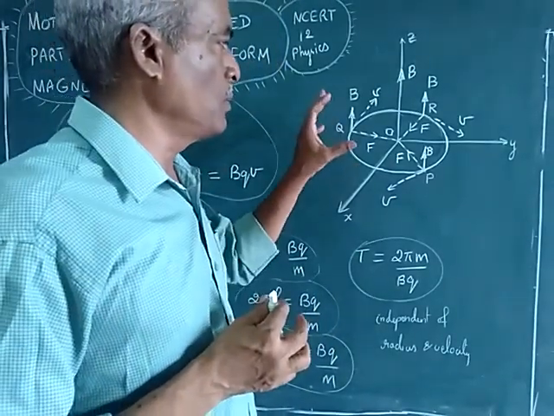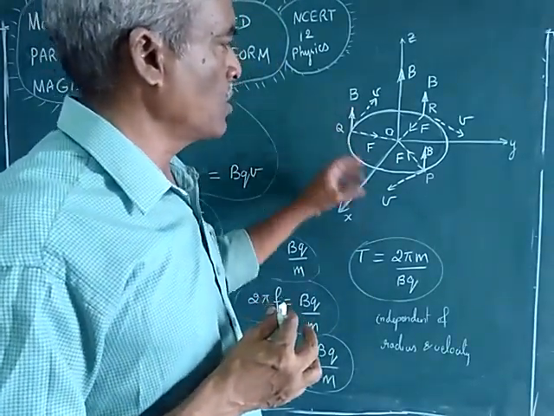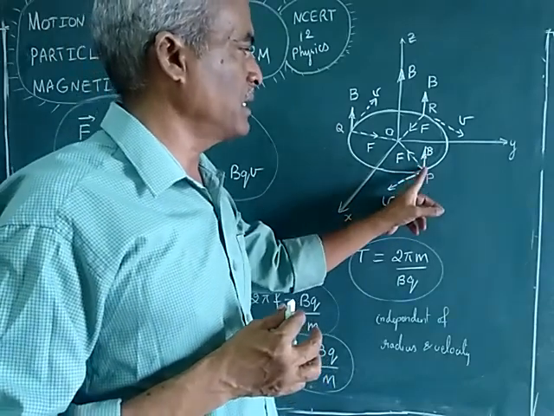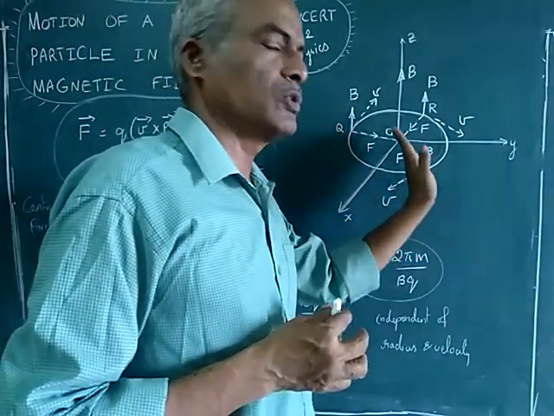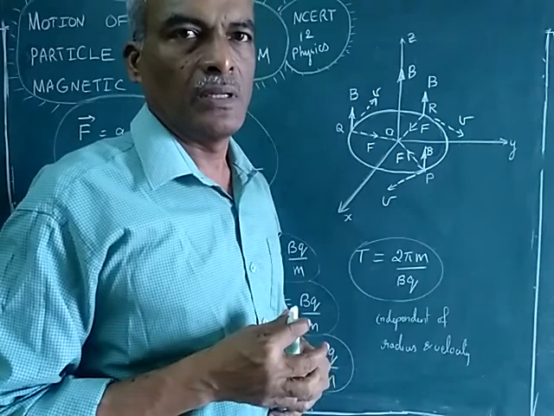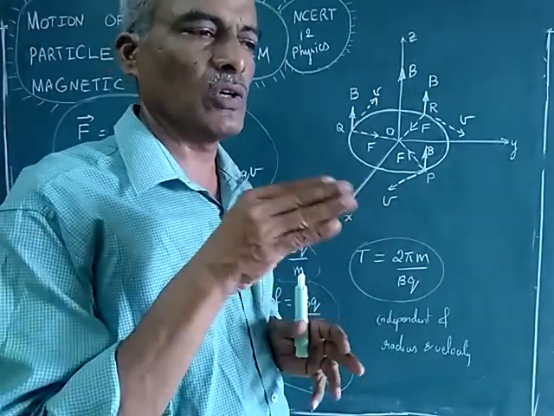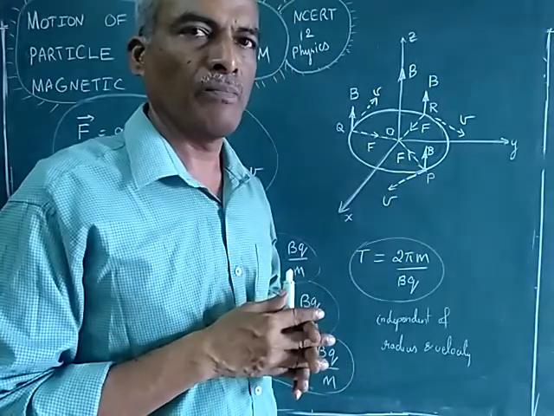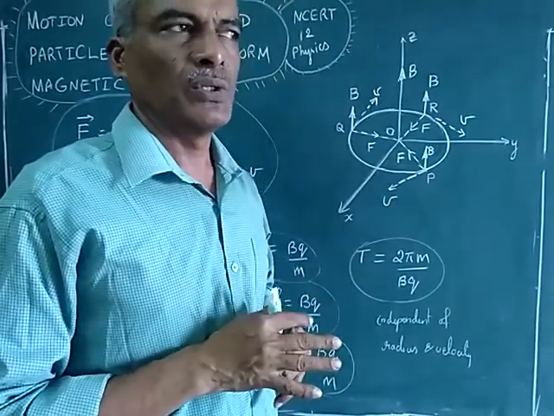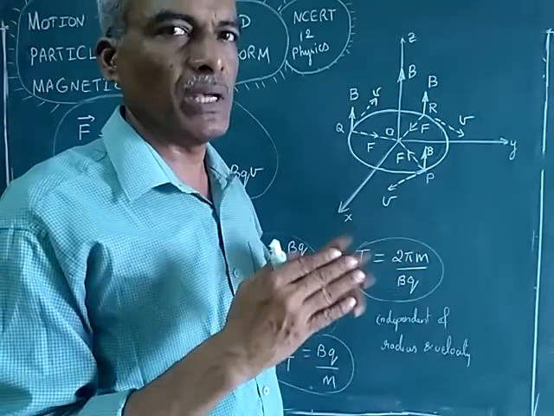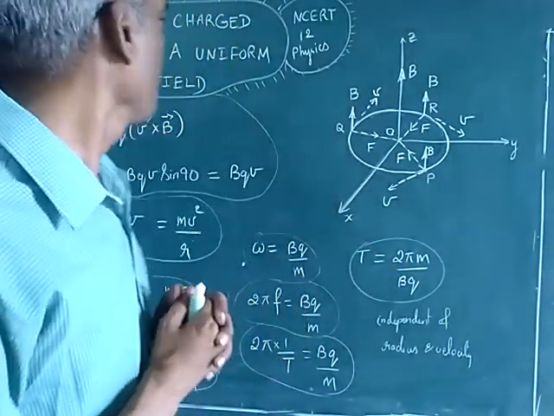Now the important point is, because of this velocity and magnetic flux density, the force is directed towards the center. In mechanics also we have centripetal force, which is also directed towards the center. Therefore we can equate these two relations.